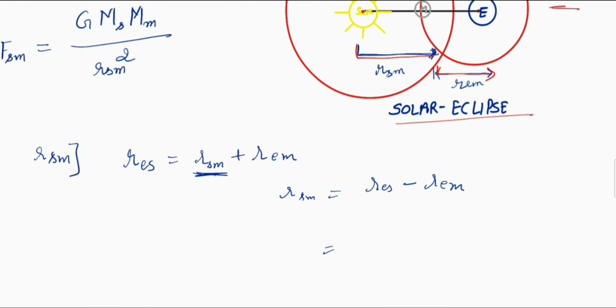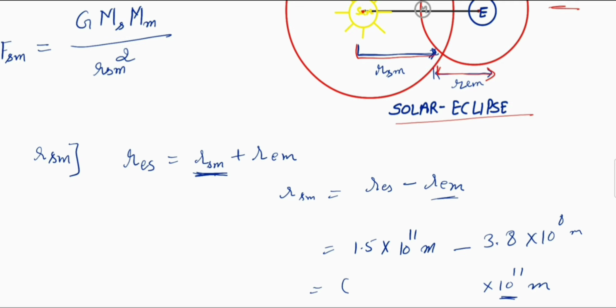RES is equal to 1.5 into 10 raised to power 11 meter minus REM, which is equal to 3.8 into 10 raised to power 8 meter. To solve this I am taking 10 raised to power 11 out.